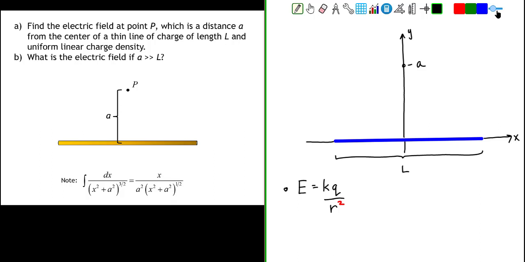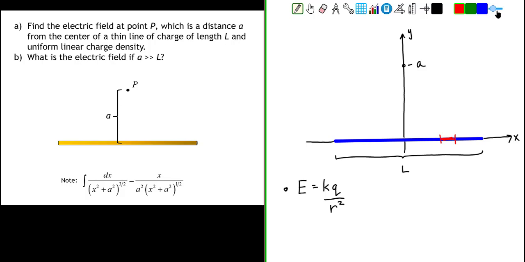So the challenge for us is, how can we solve this problem using knowledge we already have? And the knowledge we have is we know how to find the electric field of a point charge. Well, this is how we do it. Let's take an infinitesimally small element of charge along this line. So let's take this piece of charge right here.